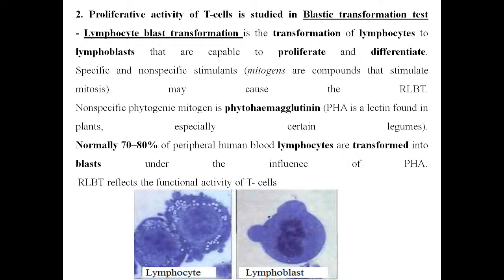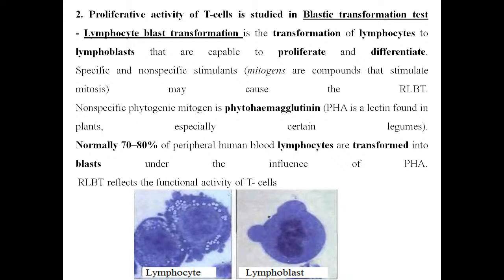The second test is used for detection of proliferative activity of T cells. Proliferation is when T cells proliferate into subpopulations, T killers or T suppressors. It shows their ability for differentiation.